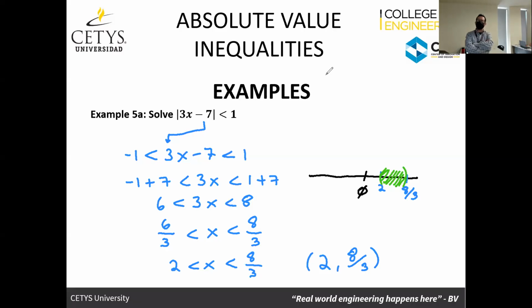When you say signs changed, do you mean the inequality signs in the final result? I get 8 divided by 3 is less than x, greater than 2.